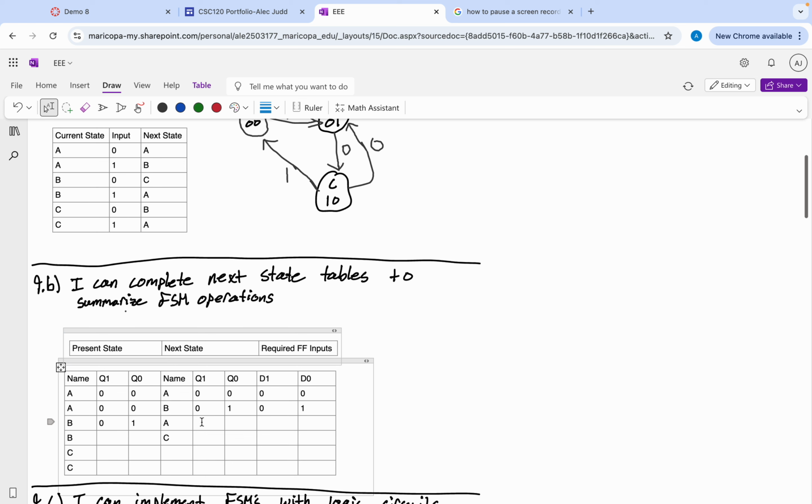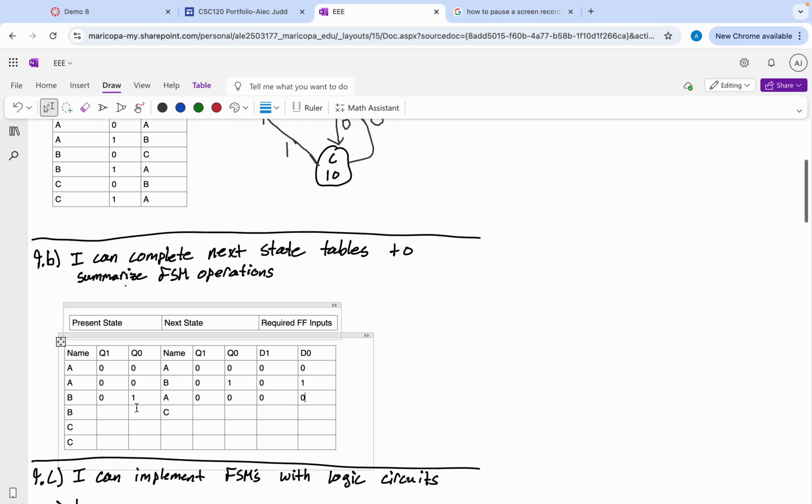And then if we go back to A, it'll be 0, 0. So that'll make our D1 0, and our D0 0. And then if we were to go to C, 0, 1 for B, that will put us at 1, 0, now that we're in state C. And that'll make our D1 1, and our D0 0.